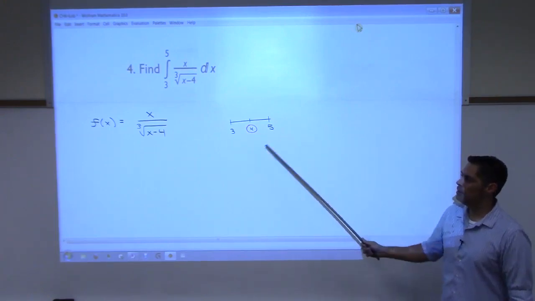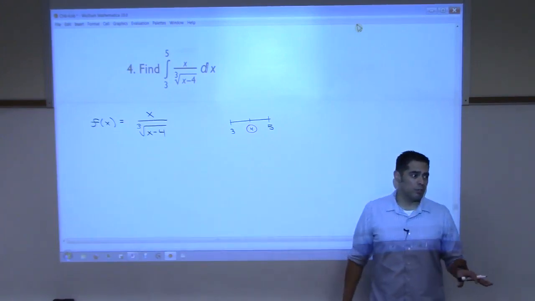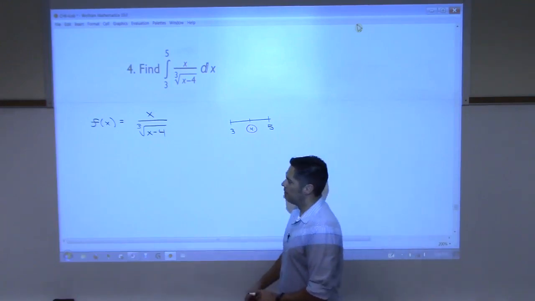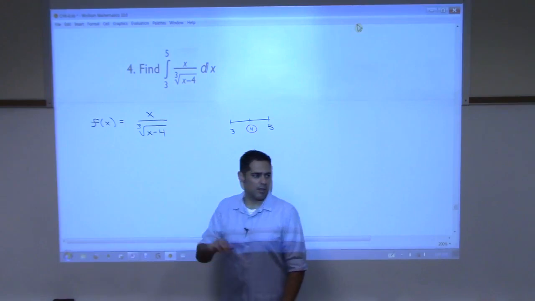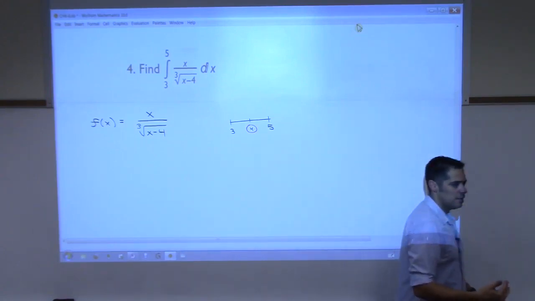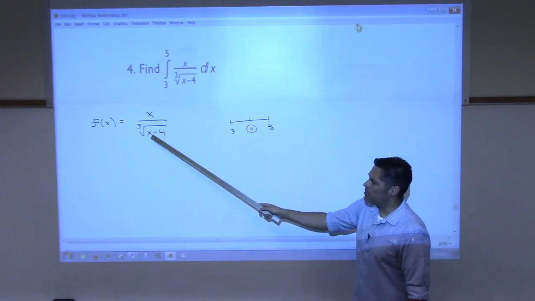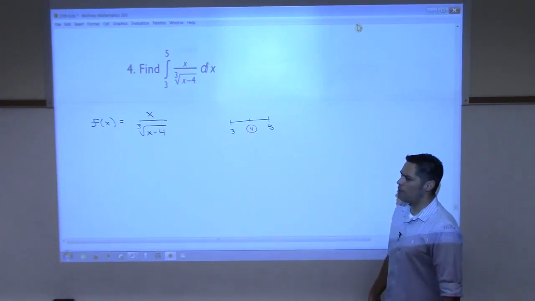At 0? Well, this is a cube root, and you can take cube roots of negative numbers, so you don't have to worry about that being negative. If this under here is negative, that's okay. The cube root of a negative number is defined. The 4 gives me division by 0. That's the only number that's going to make the bottom 0. There's no other number that causes any problem.